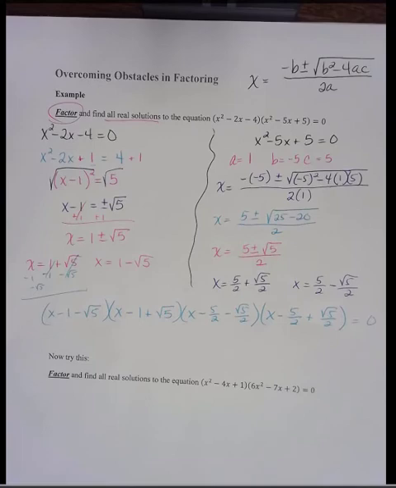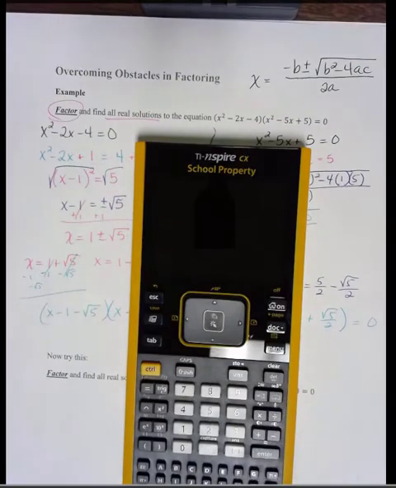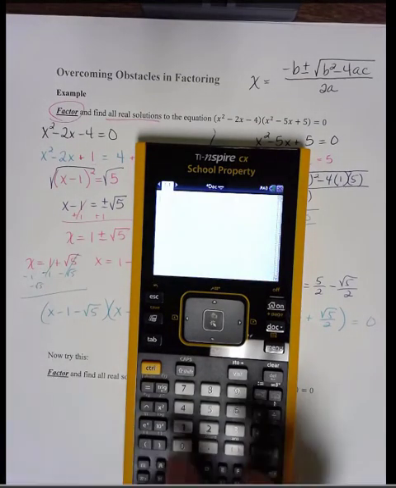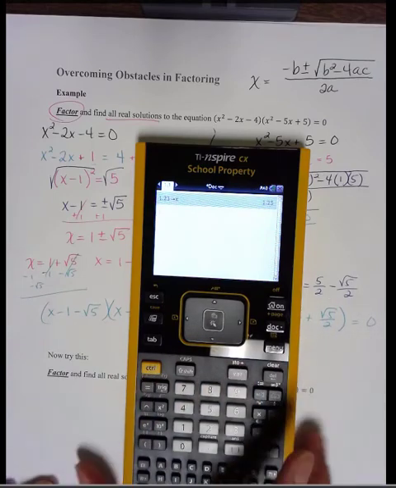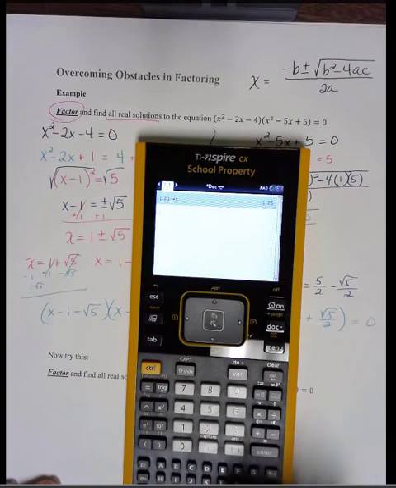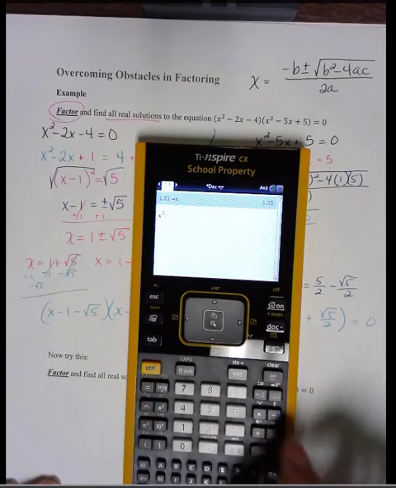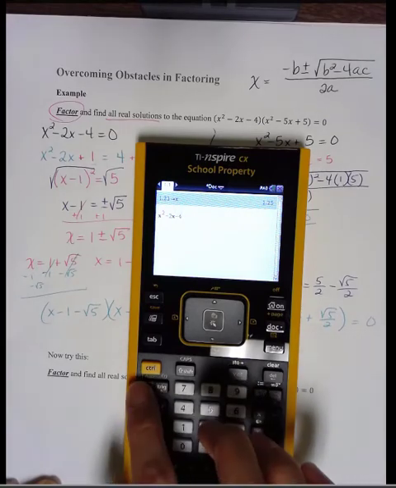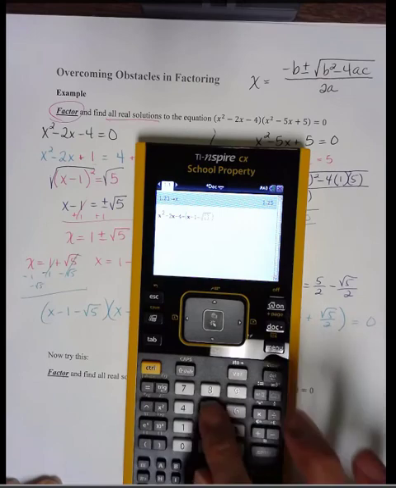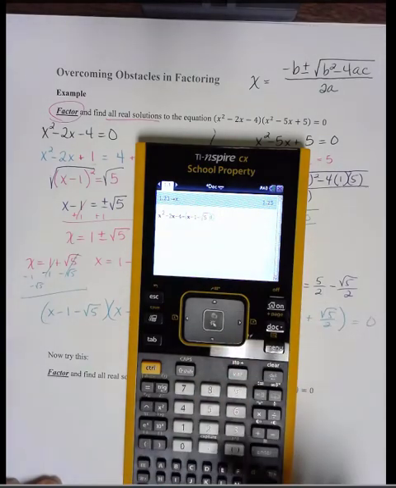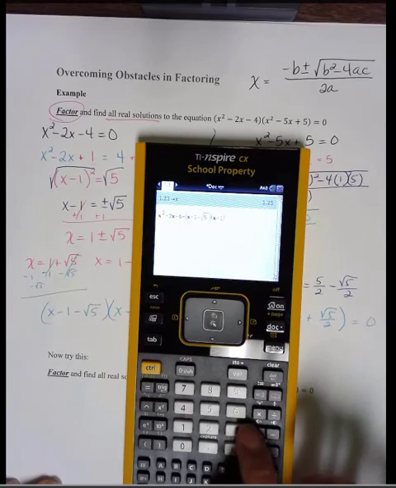Now, just like you could check your factors for any other problem, you can check these as well on the graphing calculator. Okay, so we'll turn it on. We'll go ahead and we'll store a value for x, and then we'll put in our original x squared minus 2x minus 4, and we're going to check to see if that's equal to its factored form, x minus 1 minus radical 5, and then x minus 1 plus radical 5.